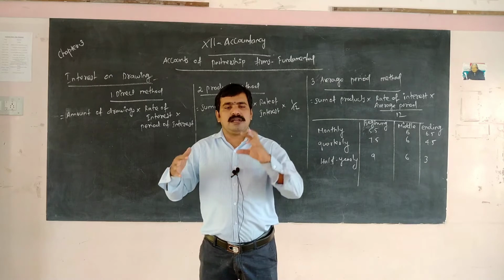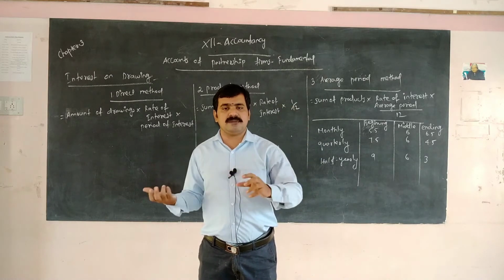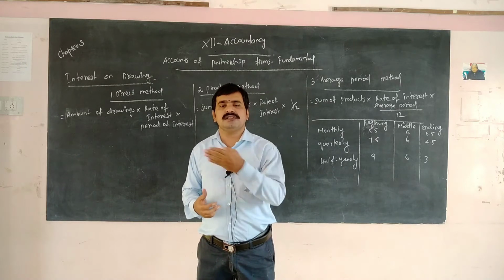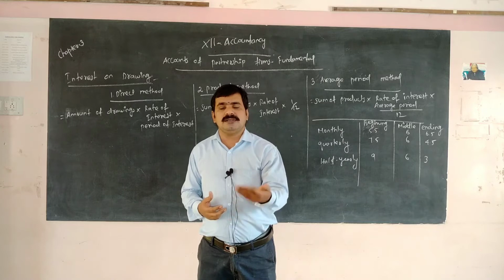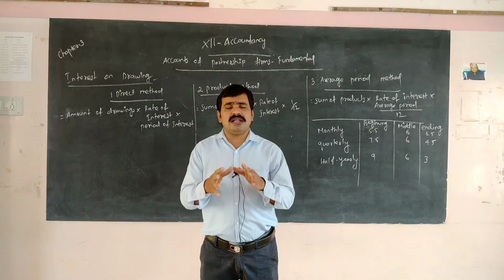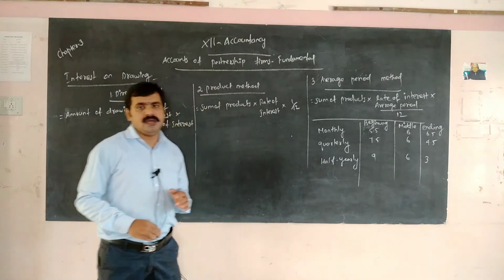If your opening month is January and closing month is December, then for example July to December, or September to December. This is called the period of interest. This is the direct method.